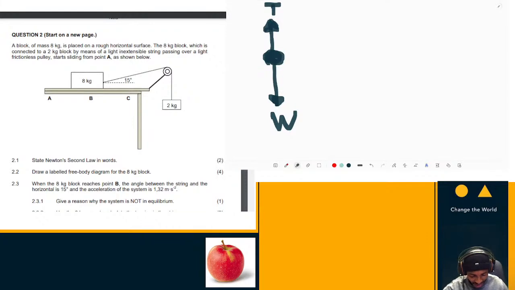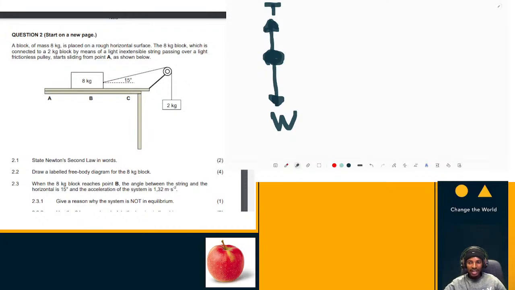Here, there is no surface in contact with the 2 kg block, therefore it will not experience a normal force. This normal force must be perpendicular to the surface in contact with the object. So those are the only two forces acting on the 2 kg block.